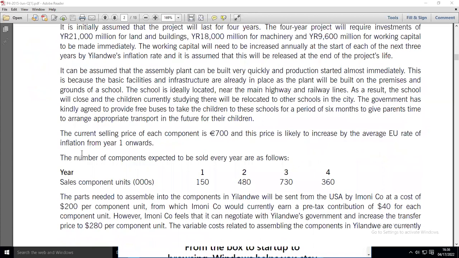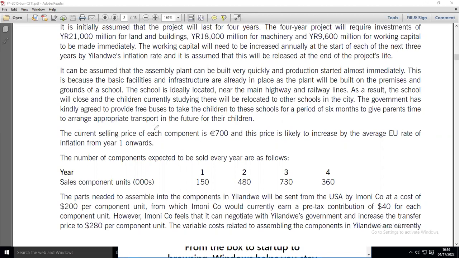Our interest starts here. The current selling price of each component is 700 euros, and this price is likely to increase by the average EU rate of inflation from year 1 onwards. Now remember the question that we did, the Fubuki question. Do you remember the Fubuki question? In the Fubuki question, inflation was starting from year 2.